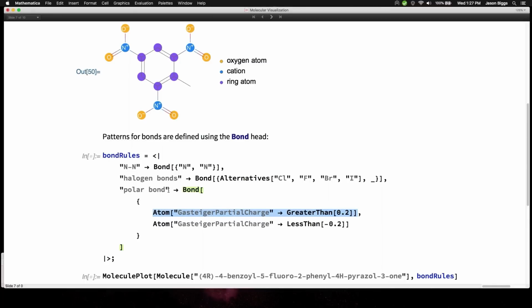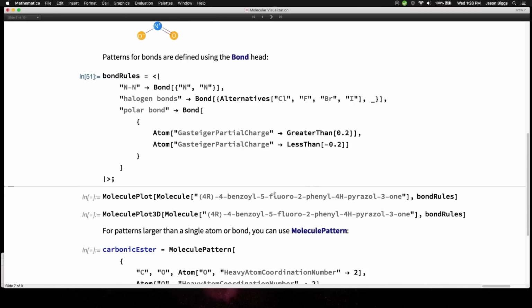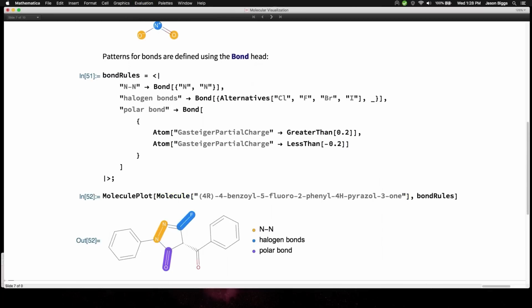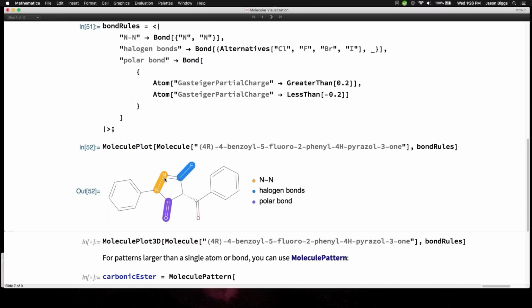So in this, one atom has a partial charge greater than 0.2, one atom has a partial charge less than minus 0.2. And when we feed this to MoleculePlot, we can see that it highlights the nitrogen-nitrogen bonds, the polar bond, and the halogen bonds.